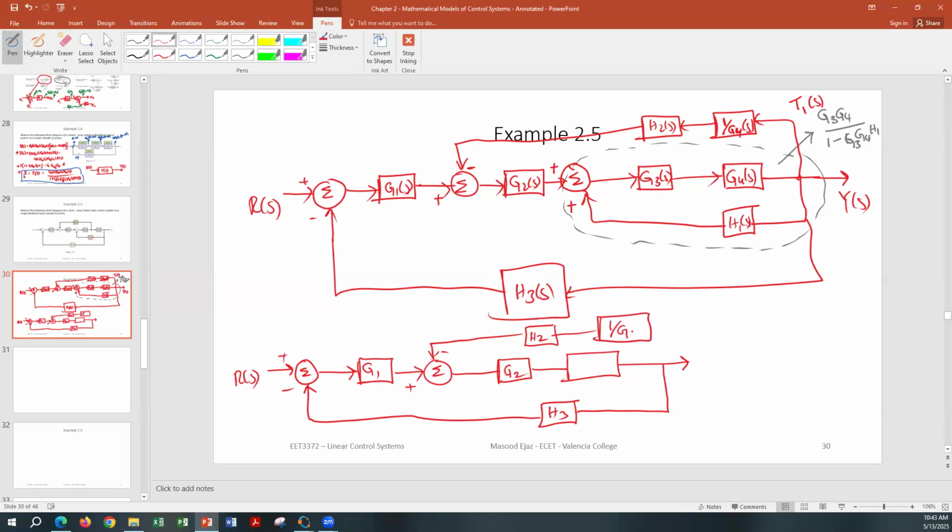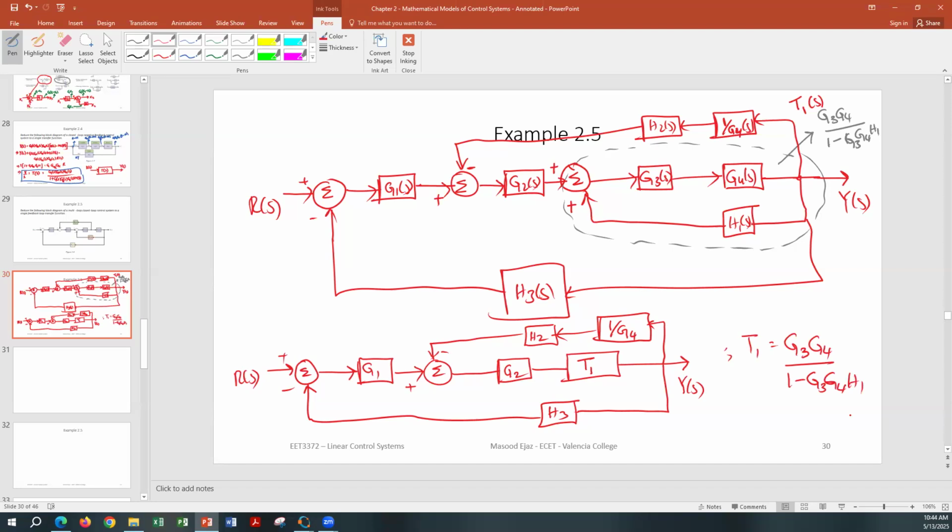One over G4, G2, and then T1. T1 is this, which is represented by G3, G4 over 1 minus G3, G4, H1. And that's your surface. So T1 is G3, G4 over 1 minus G3, G4, H1.